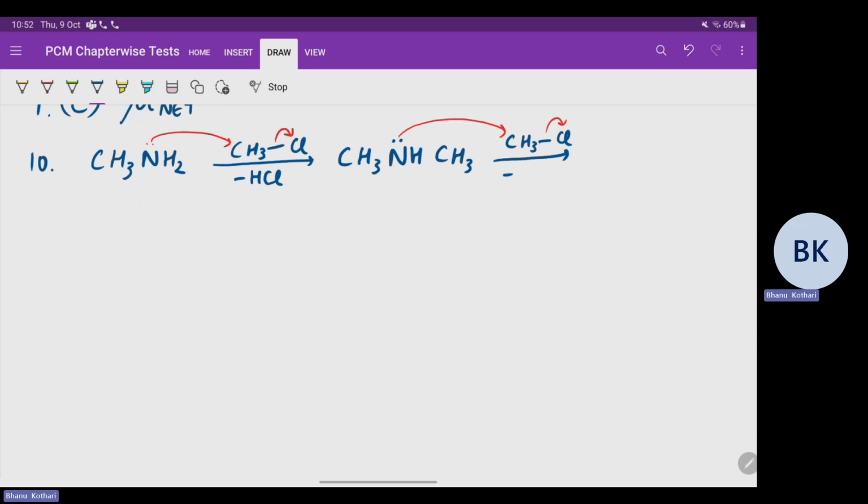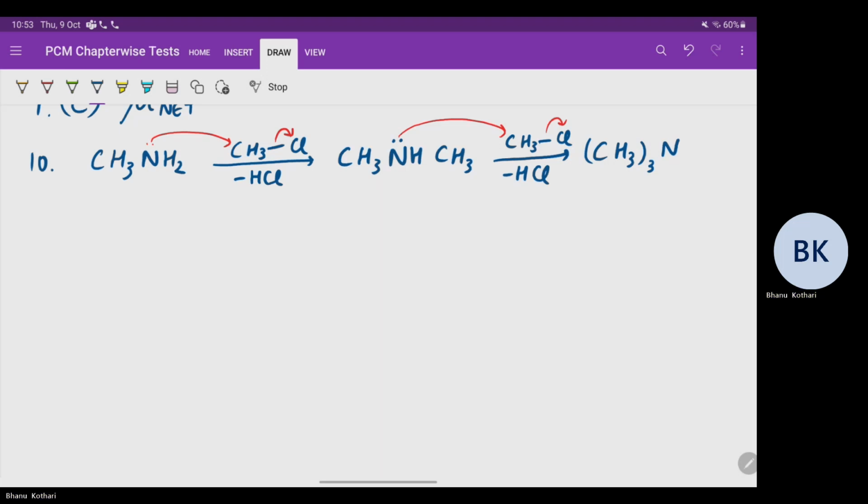Again, let me write minus HCl. The hydrogen present on nitrogen will escape with Cl minus, and the product that we get will be (CH3)3N, because there were 2 methyls already, and a third methyl is getting attached now.